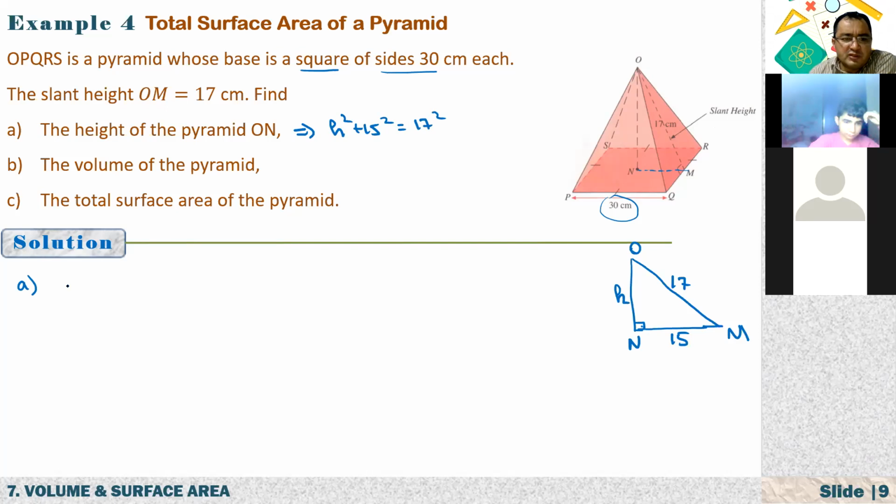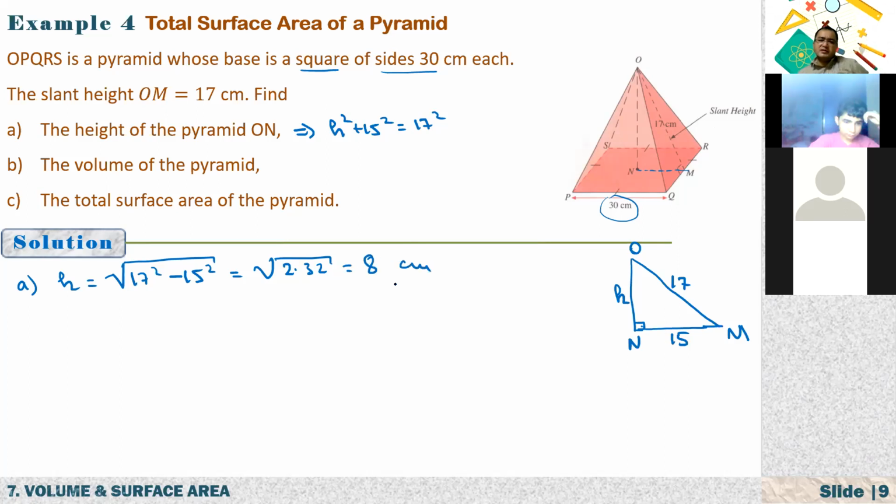So now for question A, h is equal to the square root of 17 squared minus 15 squared. That's equal to 17 minus 15, which is 2, times 17 plus 15, which is 32. That's equal to 64. So the answer is 8 centimeters. So the height of this pyramid is 8 centimeters.